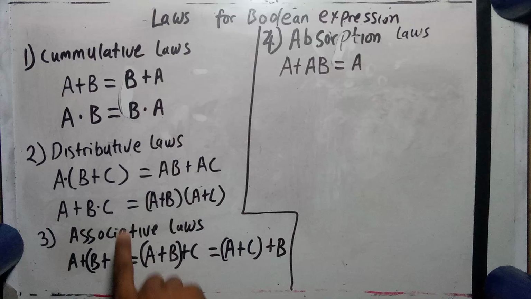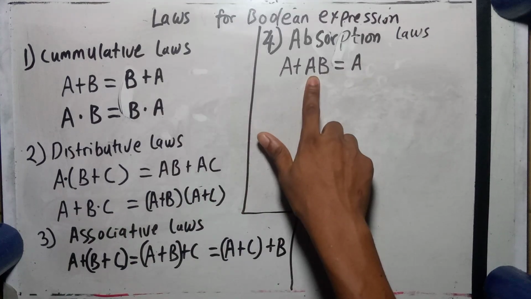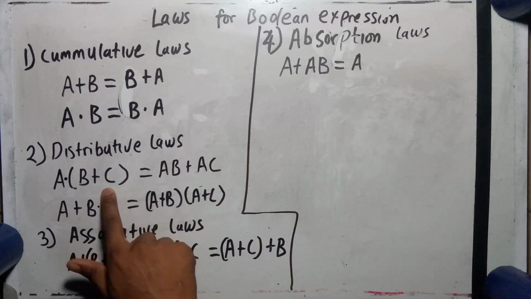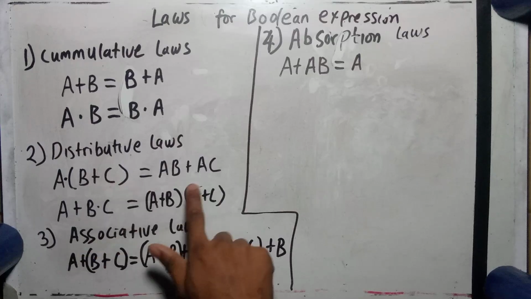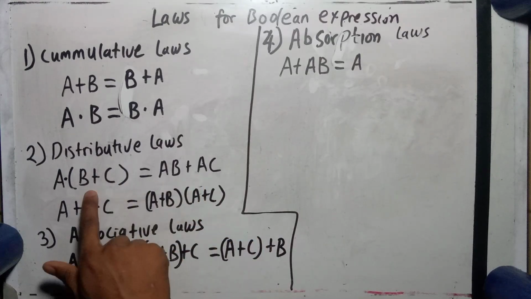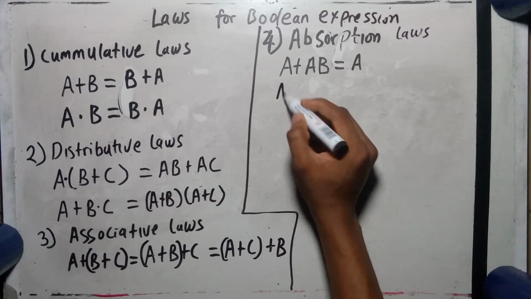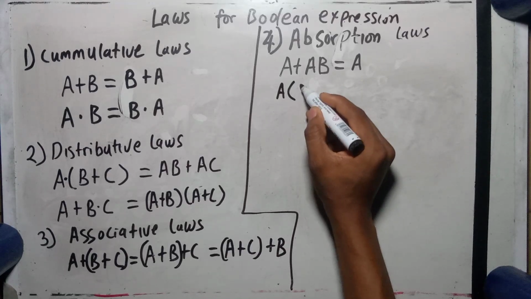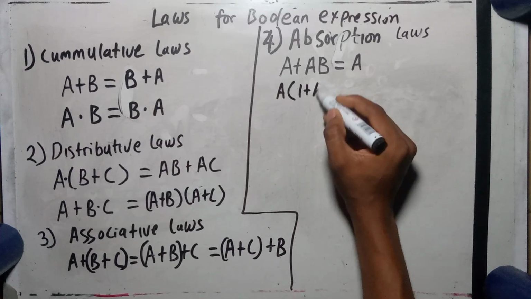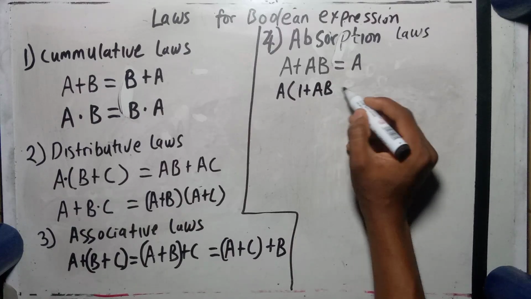Okay, so let's say we want to use our distributive law, and we are assuming that it is in this form. We want to convert it back to this form. Now we'll be having A outside the brackets, we have 1 plus AB.